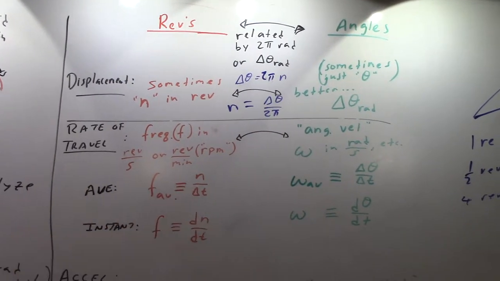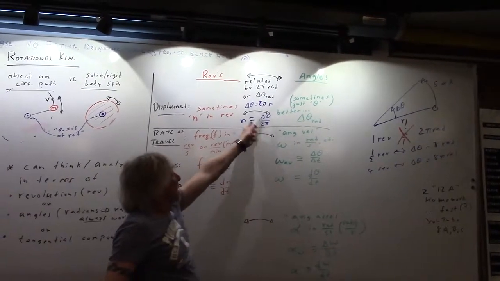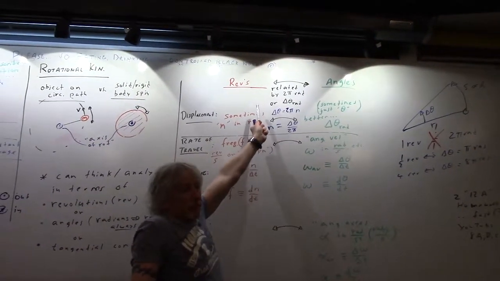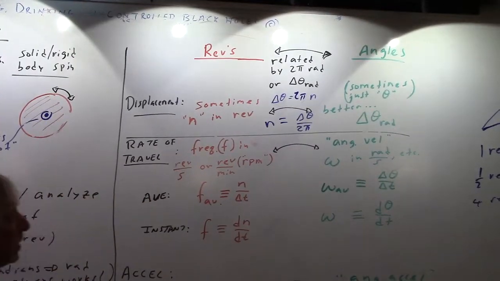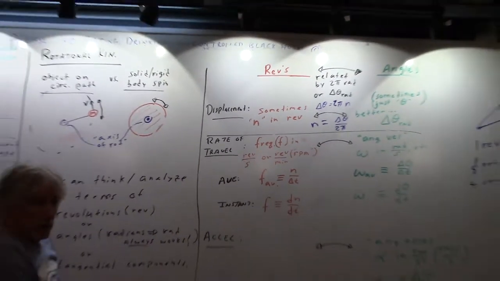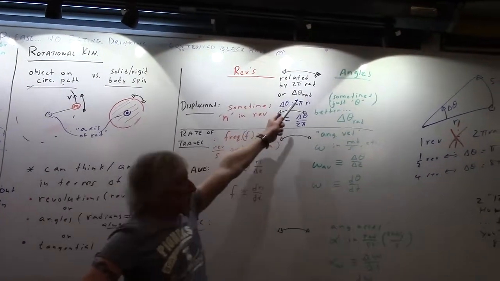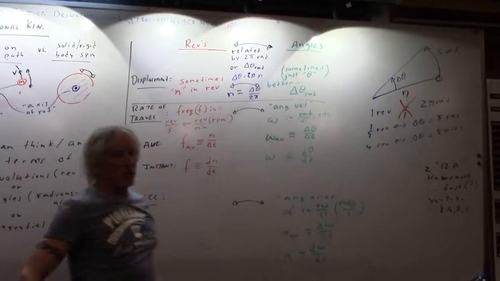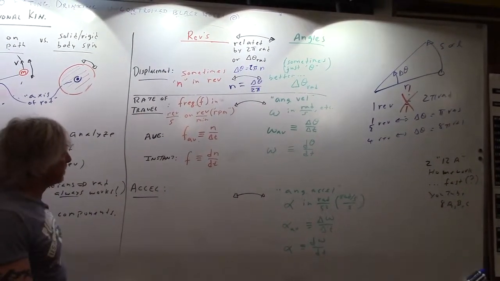If you just think about that, then I can write an equality. I can't say n is equal to delta theta. That's sloppy. Good? Okay, so again, don't memorize it, think about it, do these exercises, you're good. So 2 pi is the relationship here.